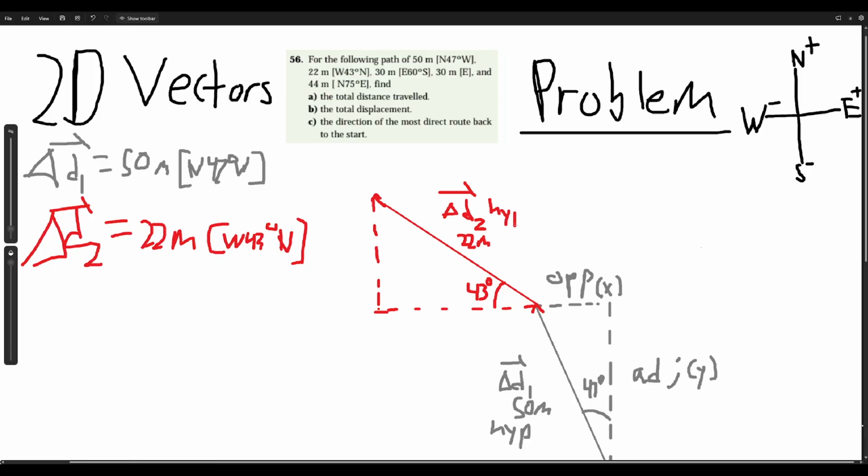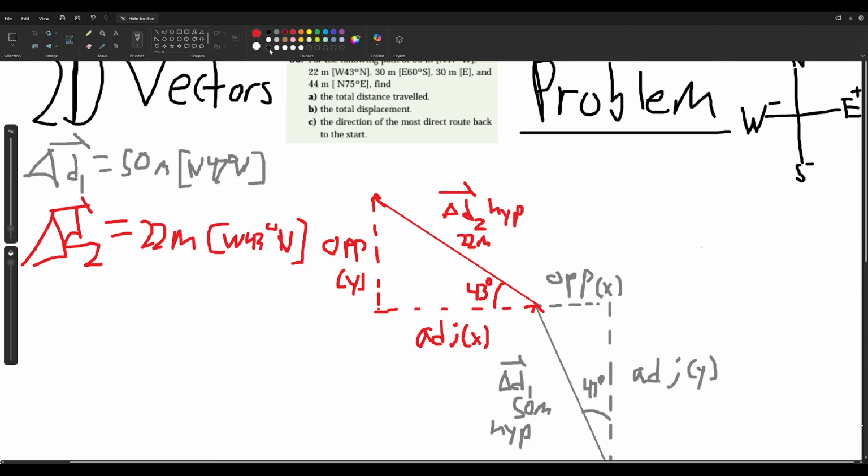As I did before, I like to label the hypotenuse and what the opposite and adjacent can be associated with. In this case, our adjacent, the one that's touching the angle, is going to be our x-axis, and our opposite is going to be the y.